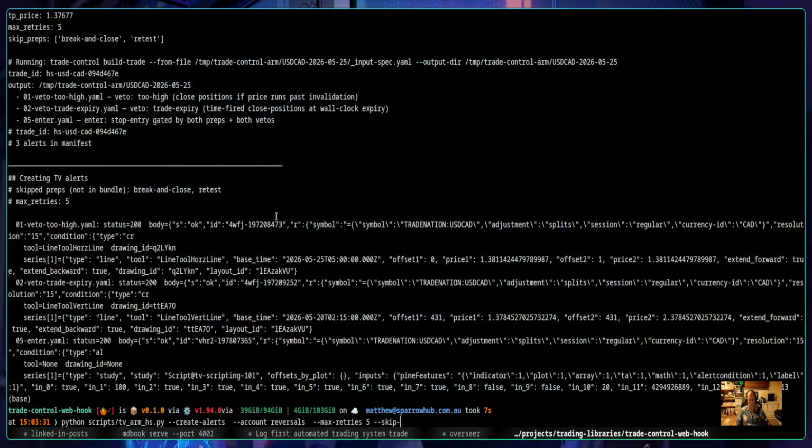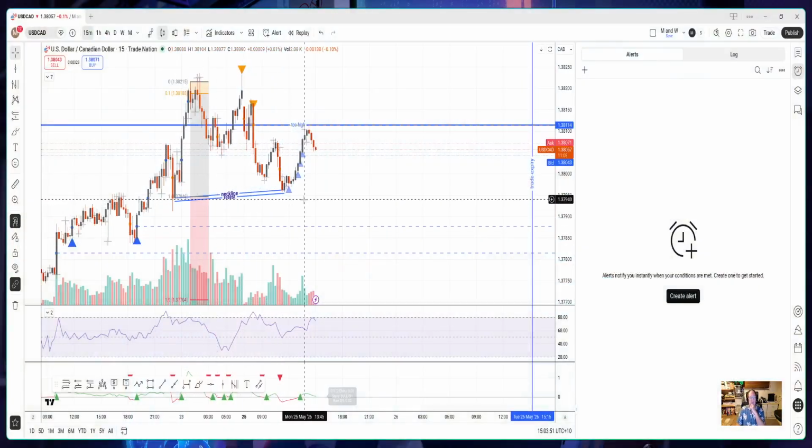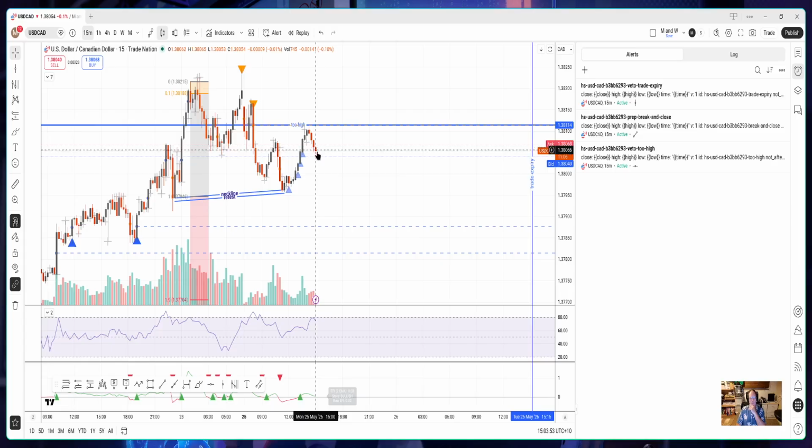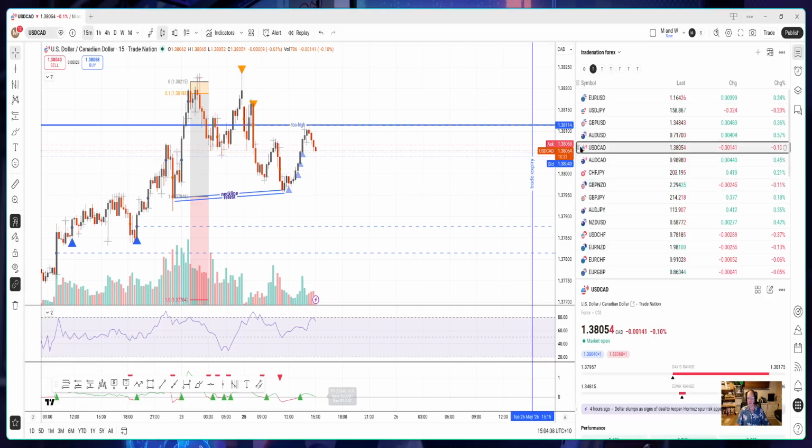So get rid of skip retest. So now it's going to have a break and close, a retest, an entry candle, and then it'll go in and it'll have up to 5 retry entries. That'll happen tonight. Well, it's already tomorrow, I don't know, we'll see. Just tag it.